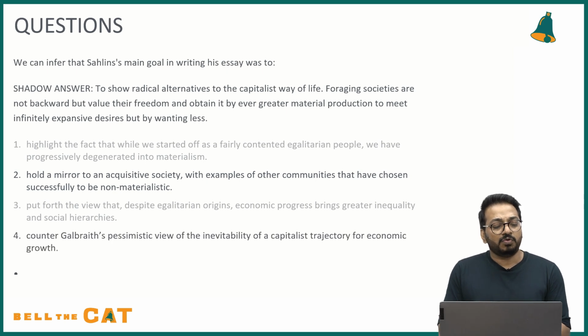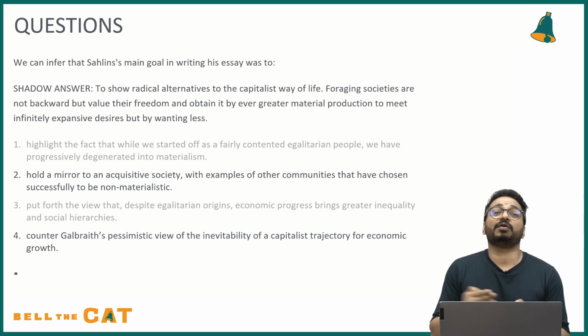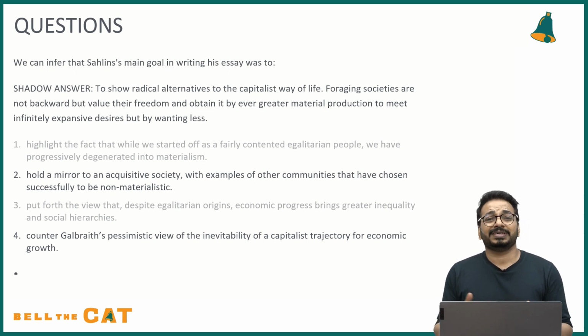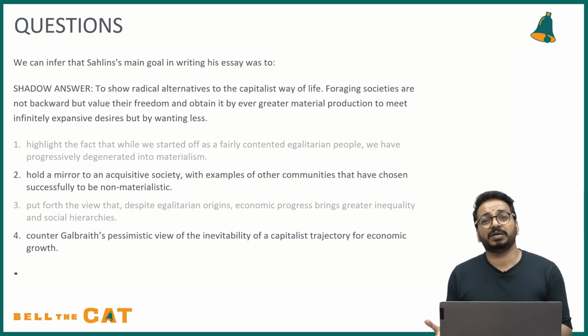Next one. Counter Galbraith's pessimistic view of the inevitability of a capitalist trajectory for economic growth. Now, are they saying in any way that he's countering Galbraith's view? No. Galbraith himself is doubtful of America's way. Galbraith himself has a lot of contempt for consumerism. So Galbraith and Salins are not at odds with each other.